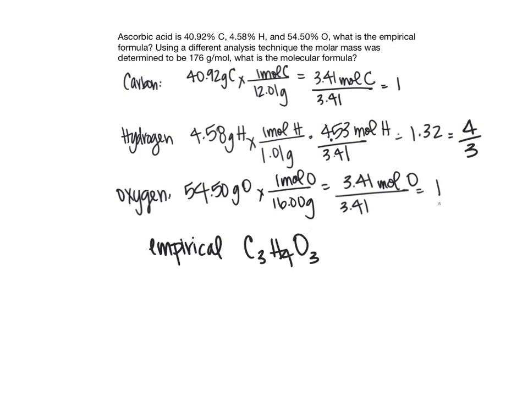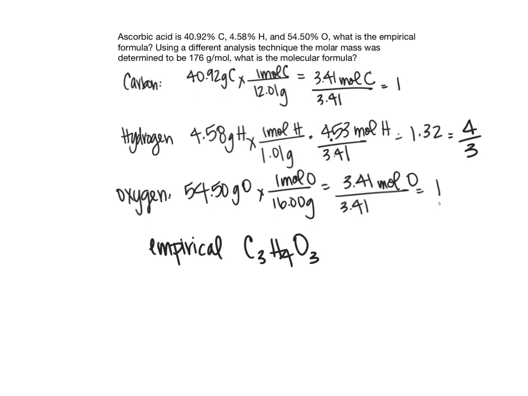Now, a note about these fractions. They will be easily identifiable fractions: thirds, halves, and quarters. Occasionally we'll see fifths. So if you were to get 0.4, that could be 2/5. Most of the time we'll see thirds and halves and quarters. You multiply through.